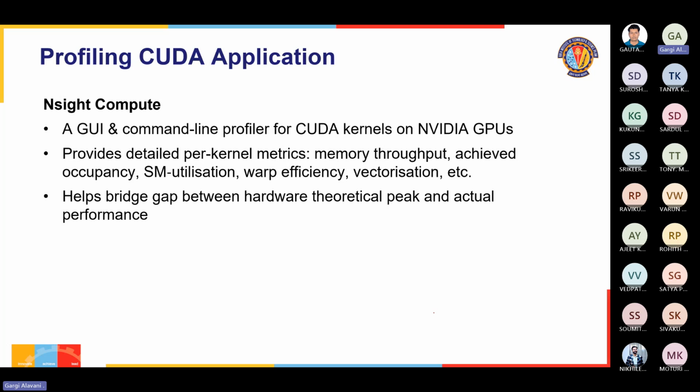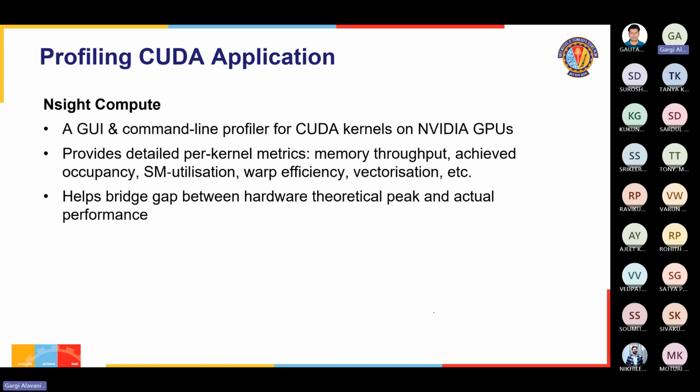With Nsight Compute, it provides you details per kernel. That is, what is the memory throughput, what is the achieved occupancy, what is the SM utilization, warp efficiency, vectorization, etc. And this helps you to see what is on paper or theoretical and what you are actually getting, or what is the actual performance.